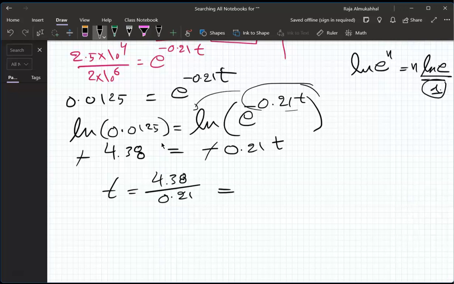Hold on, let me do it again. 4.38 divided by 0.21. There we go, 20.9, let's say. Whatever the unit that we're using, 20.9 seconds, months, years, days. I'm basically just guessing some numbers. So let's say seconds, for example. And there we go. Okay.